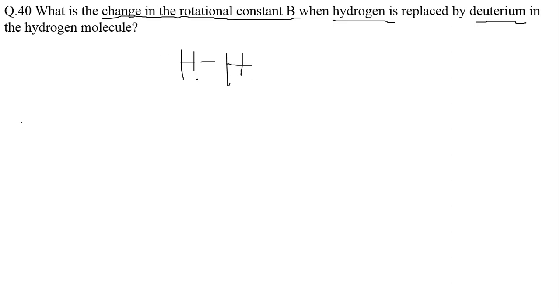They are bonded with a certain separation, which is the bond length. But when you replace one hydrogen atom by a deuterium, what will be the change in rotational constant?